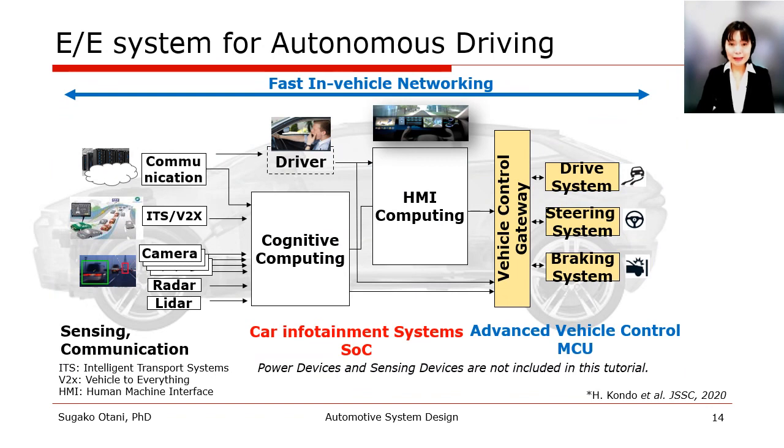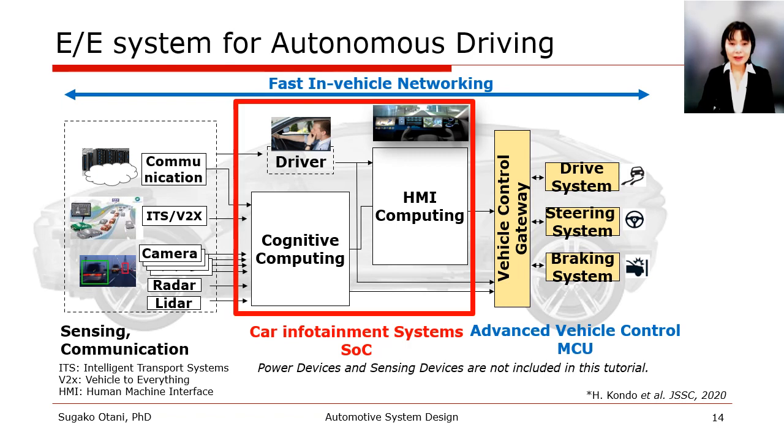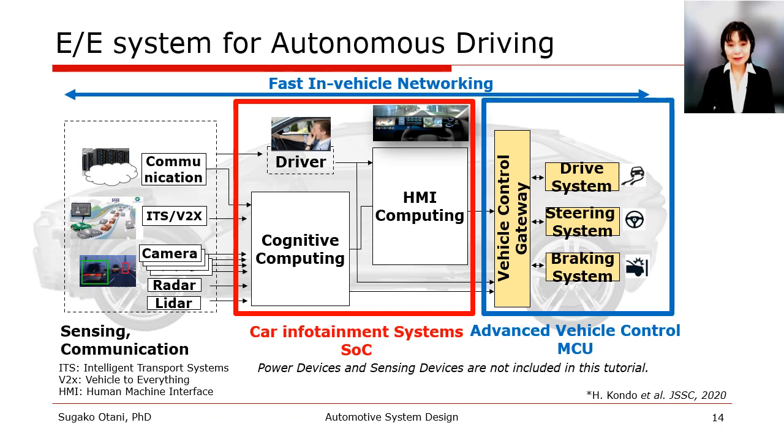This slide illustrates an electronic system of an autonomous driving system. Many cameras and sensors detect and transmit environmental information. The car infotainment system uses cognitive computing to process data.